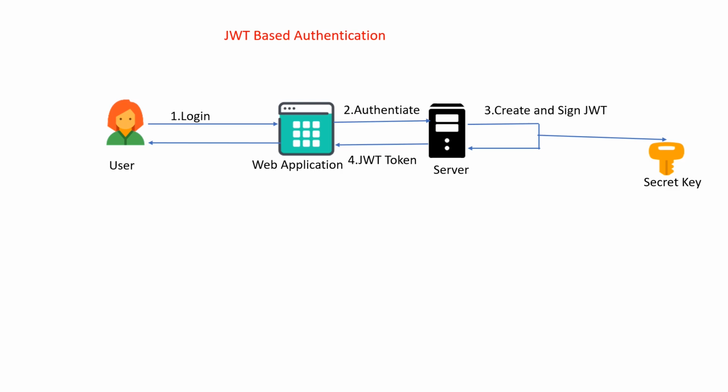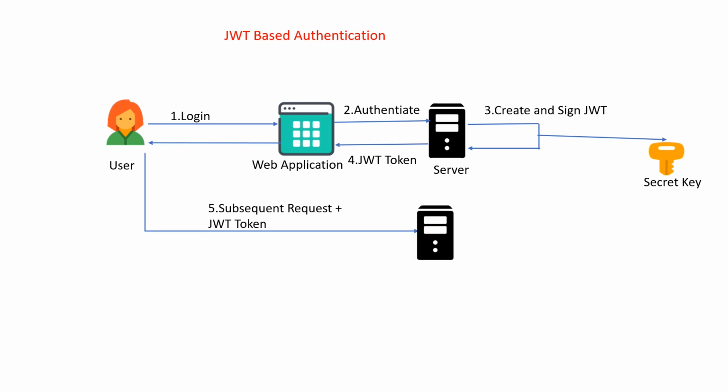In subsequent requests, the user will have to send the JWT token back to the server. The server is able to validate this token because it has the secret private key, and based on that it is able to verify it. So this is how JWT-based authentication works.